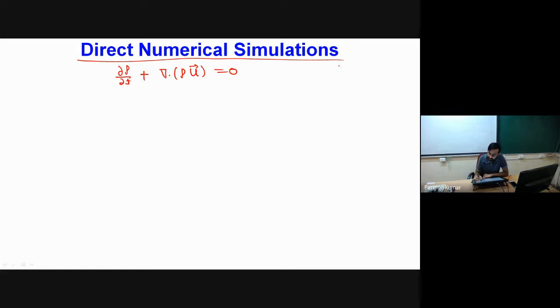This u vector is u i cap plus v j cap plus w k cap, and these u, v, w are the parameters representing their instantaneous value. It means these include the entire fluctuating nature.